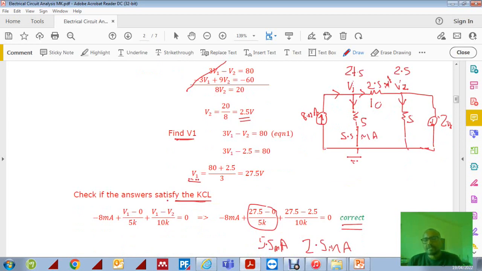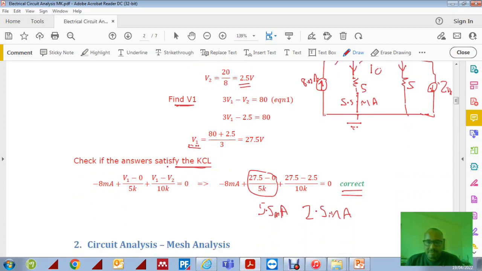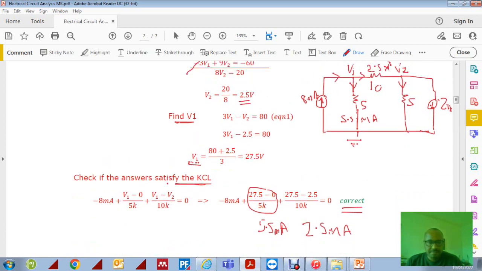Okay, we can also find the current on this one as well. V2 divided by 5k, where V2 was 2.5. So 2.5 divided by 5k is 0.5 milliamps.